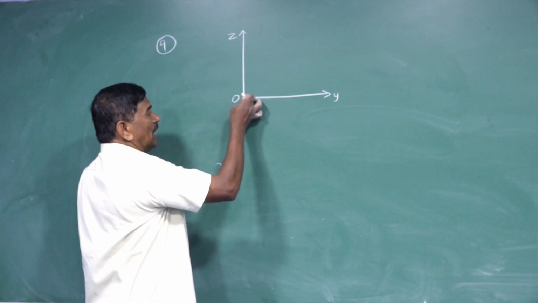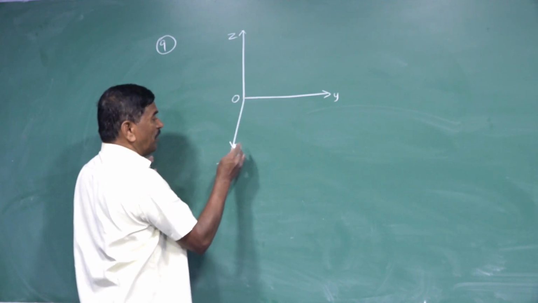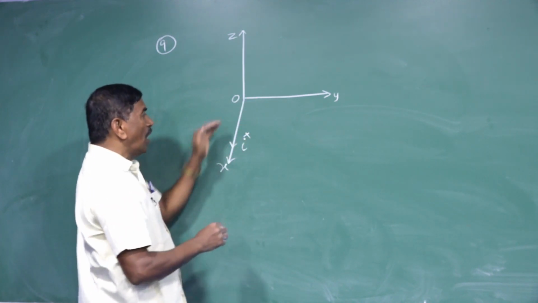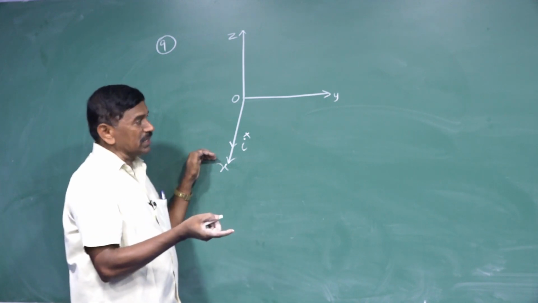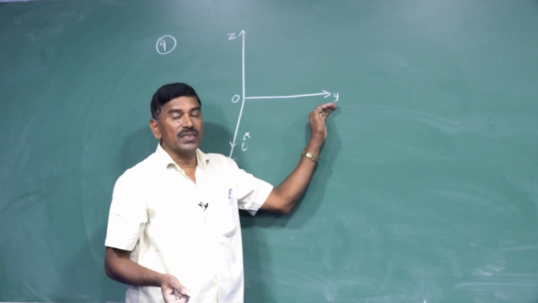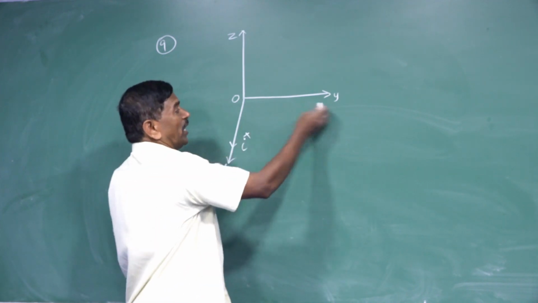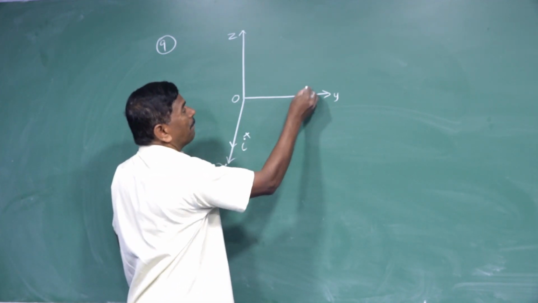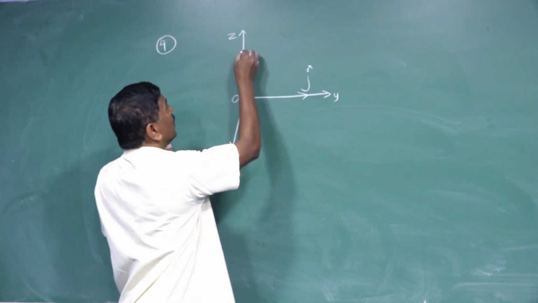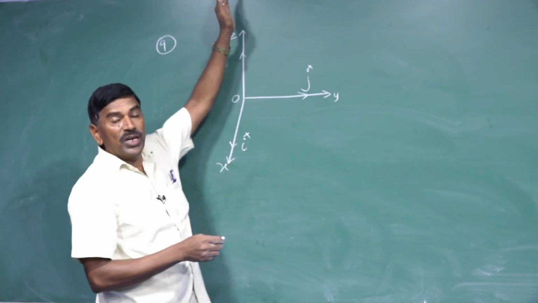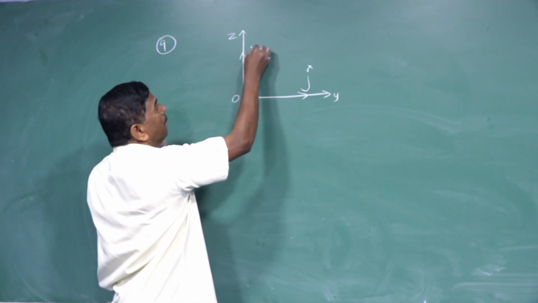See, along the x axis, let the unit vector be i cap. Along the y axis, the unit vector is j cap, because we already learned that. Along the z axis, the unit vector is k cap.